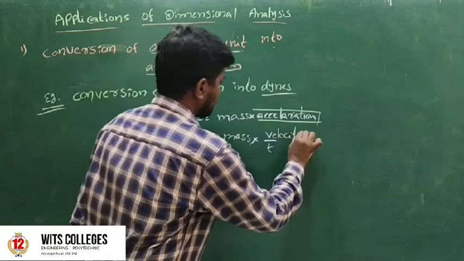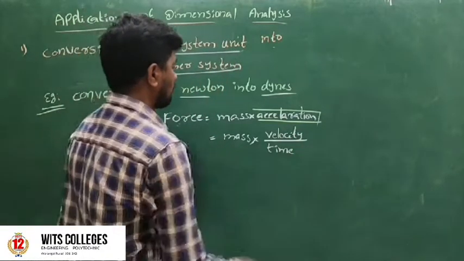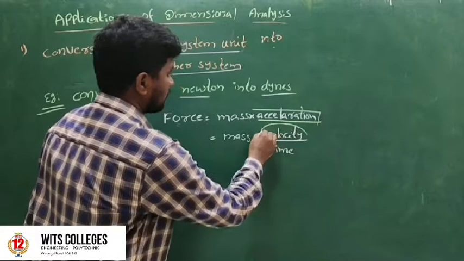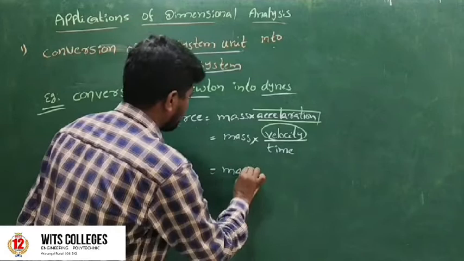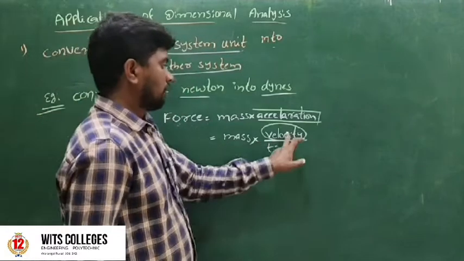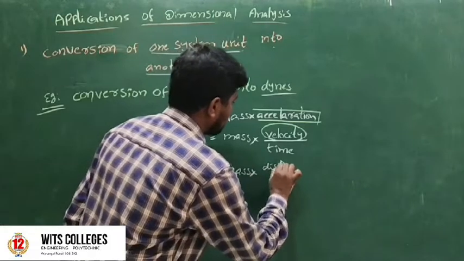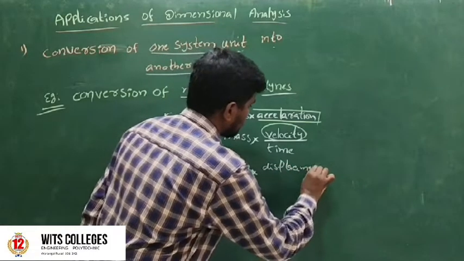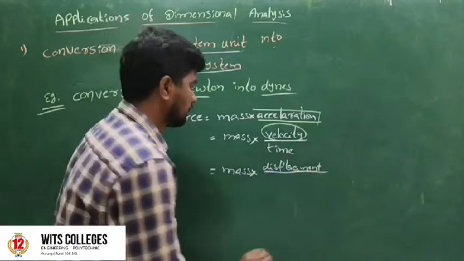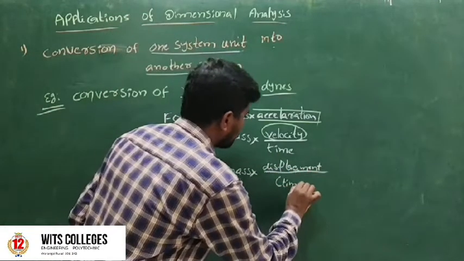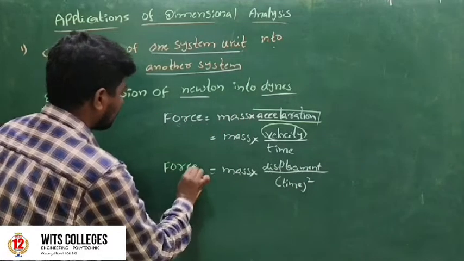What is velocity? Velocity is the change in displacement by time. So acceleration is displacement by time whole square. This is the force formula.